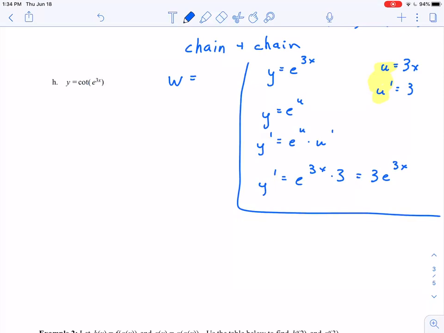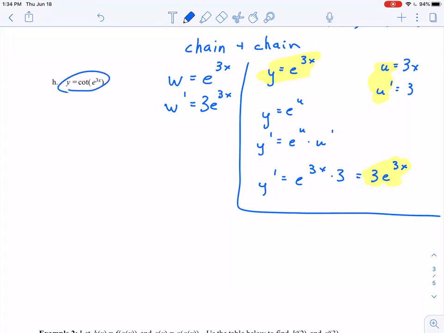Now, W is going to be e to the 3x, and W prime is the derivative of e to the 3x, but we actually did that. We said if we're working with e to the 3x, the derivative is 3e to the 3x. So we've done that first chain rule already. So W prime is really 3e to the 3x.